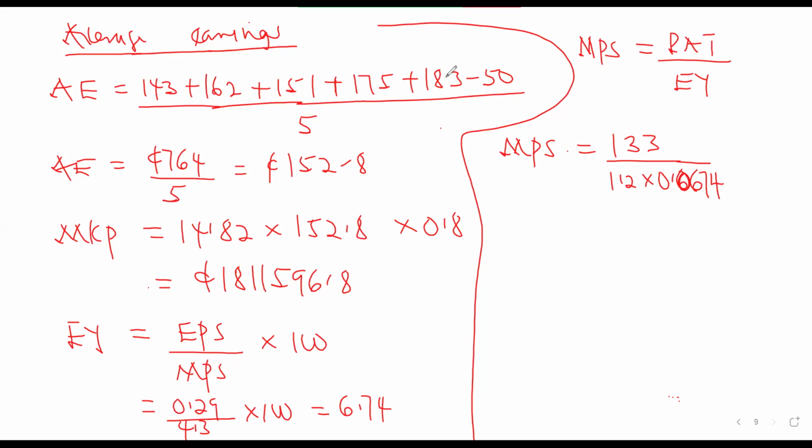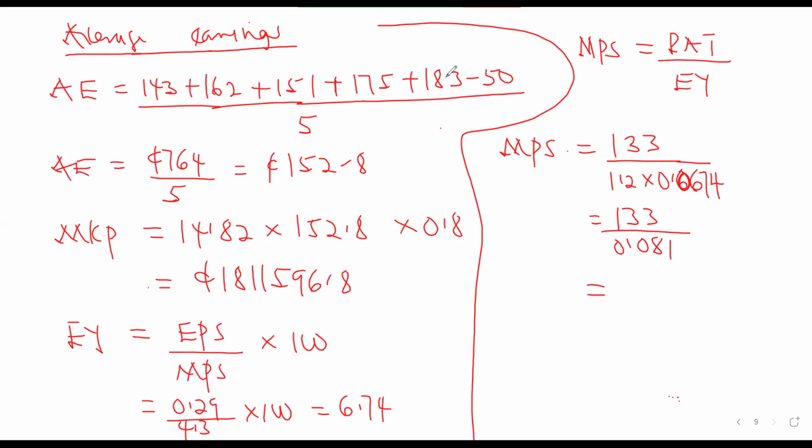Okay, so let me multiply this by 1.2. So I'll be getting 133 divided by 0.081. What are we having? 165.43.